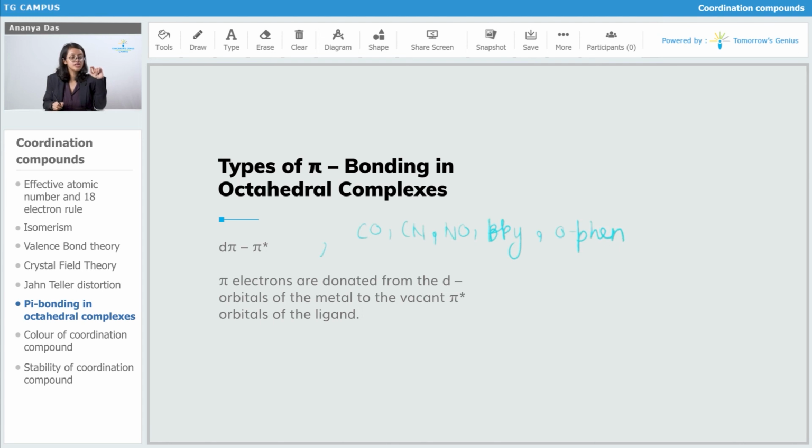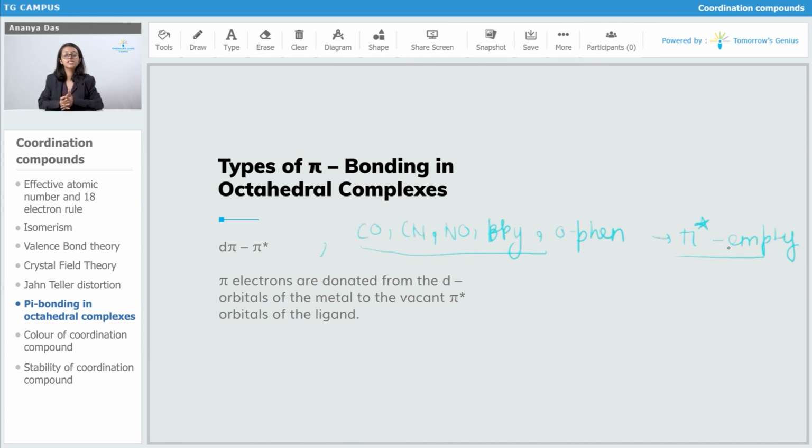All of these ligands show d pi p pi star bonding, because in all of these ligands the pi star orbital, that is the pi antibonding orbital, is going to be empty. So the metal can take electrons present in its d orbitals and donate them into the pi star orbitals of the ligand.